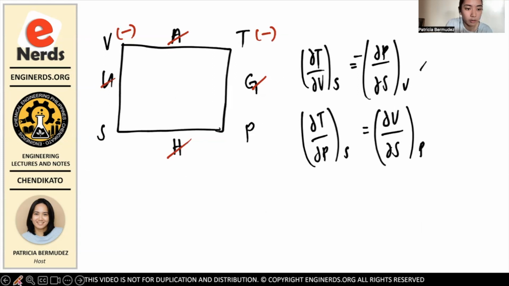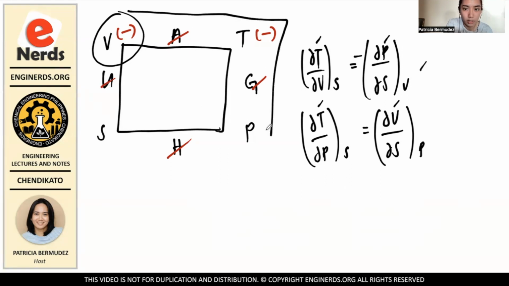Now we start at another property. Nakompleto na natin yung P at both directions. And yung P, isang P at isang V. We can start from V here. Let's start from V, but then this time, let's go the other direction. So, kanina, we started from V to S to P. Ngayon, gawin natin V to T to P, okay? So, the partial of V over the partial of T at constant pressure is equal.